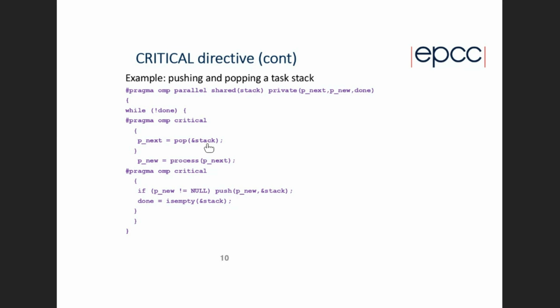If both the pop and the push are inside critical sections, that guarantees mutual exclusion from the stack data structure. Because of the way OpenMP criticals work, if one thread is in this critical section, then not only can no other thread also be executing in here, but no other thread can be executing in this critical section, or indeed any other critical section that happens to appear in this parallel region.